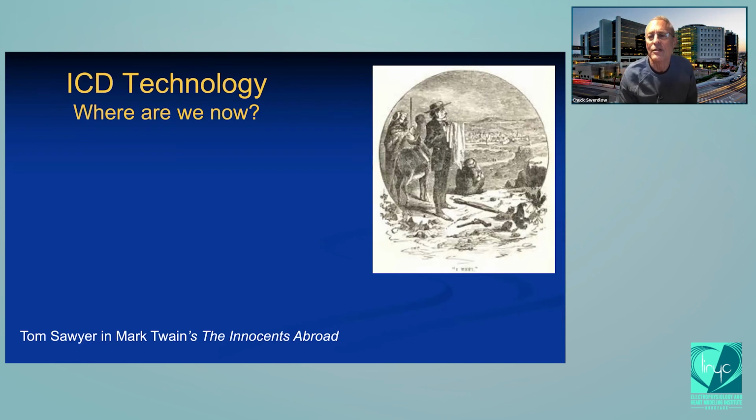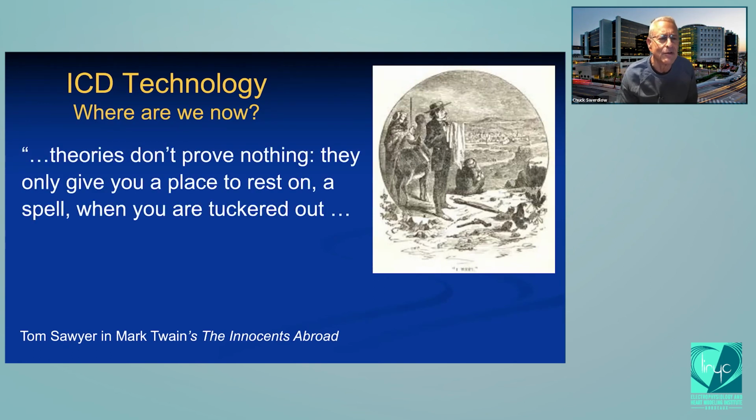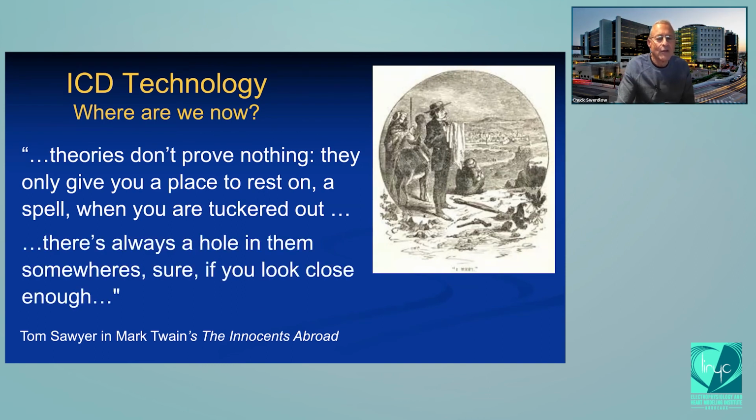They were staring at the stars over the Sahara Desert and trying to come up with a hypothesis for the Sahara Desert. And Tom says, theories don't prove nothing. They only give you a place to rest on in a spell when you're tuckered out. And there's always a hole in them somewhere, sure enough, if you look close.